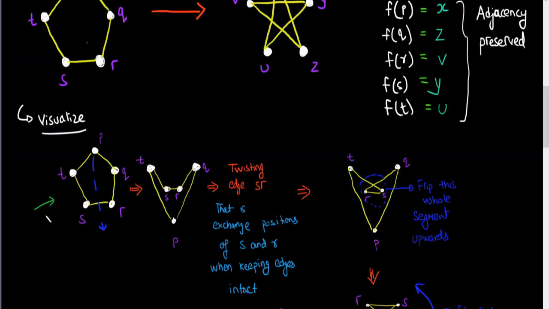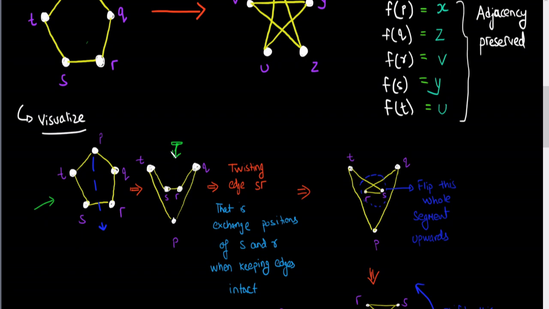Now what I'm going to do is pick up point P and bring it down here, illustrated by this blue dotted arrow, and I'm going to keep the edges intact. So all the connections remain the same. I'm just grabbing that point and shifting it down below edge SR. So you get something that looks like this.